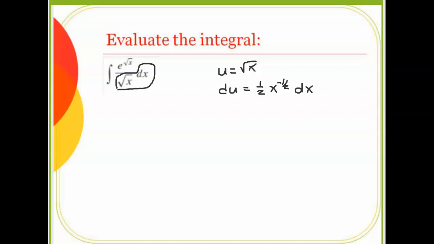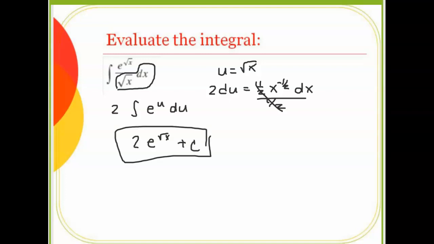What doesn't match is the 1/2. So you divide by 1/2, which is the same as multiplying by 2. So you get 2 times the integral of e to the u du, or 2e to the square root of x plus c.